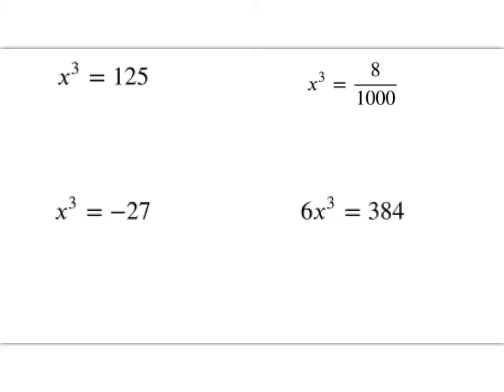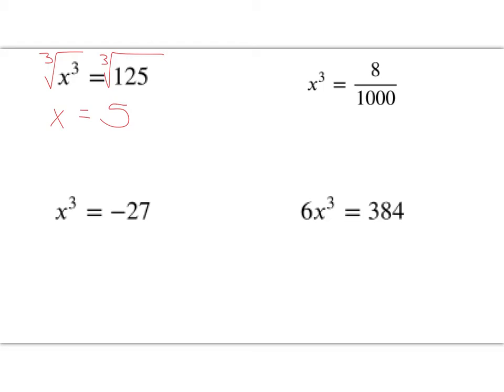Okay, so now let's look at the equation involving cubes, or the third power. So here I have x to the third power, or x cubed, equals 125. What do you think the inverse operation of cubing is? It's taking the cube root, right? So we're going to take the cube root of both sides. The cube root of x cubed, those are inverse operations, so that's just x, and the cube root of 125 is 5.